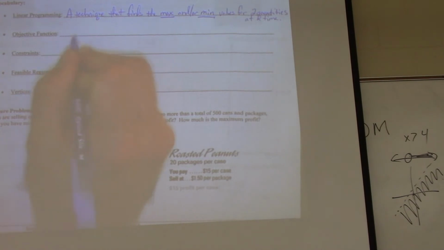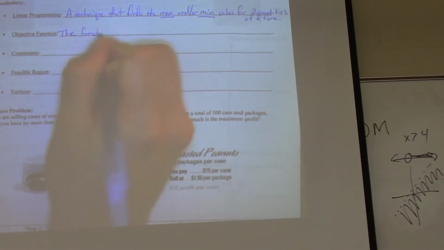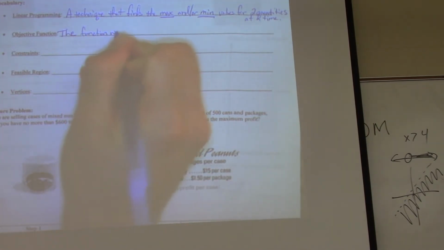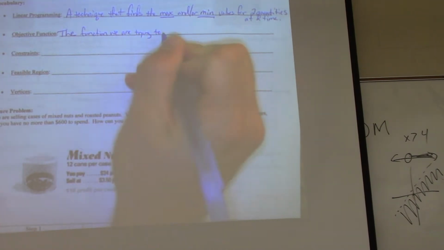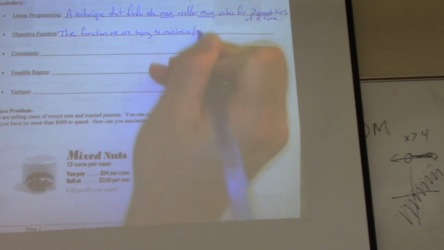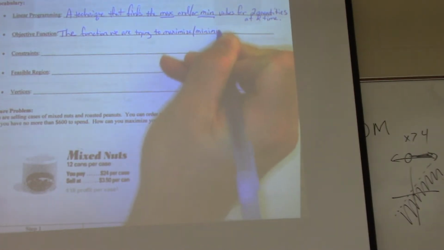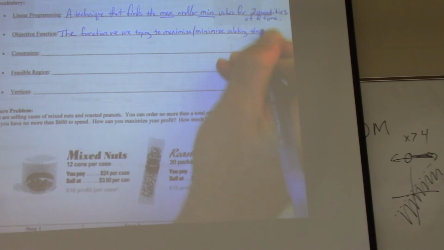The objective function is basically the function we are trying to maximize or minimize, relating the two quantities.